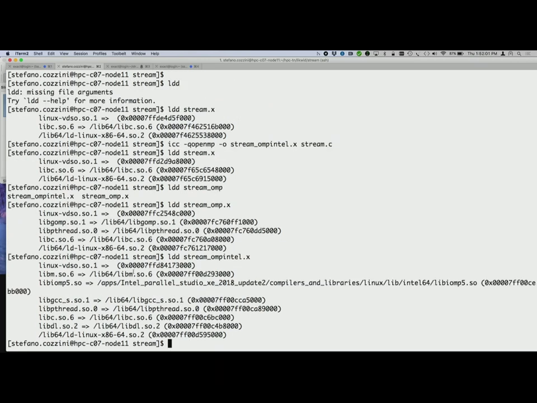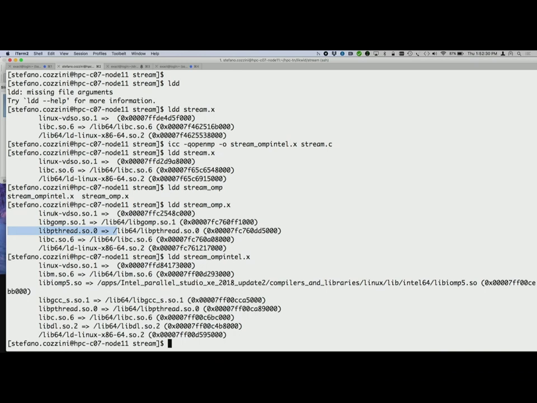So this one is the serial application. This one was compiled with GCC. You see that I have the GOMP library, that is the GNU library for OpenMP, and again the libpthreads. Here I compiled with Intel, and I see that I have the standard Linux library here.